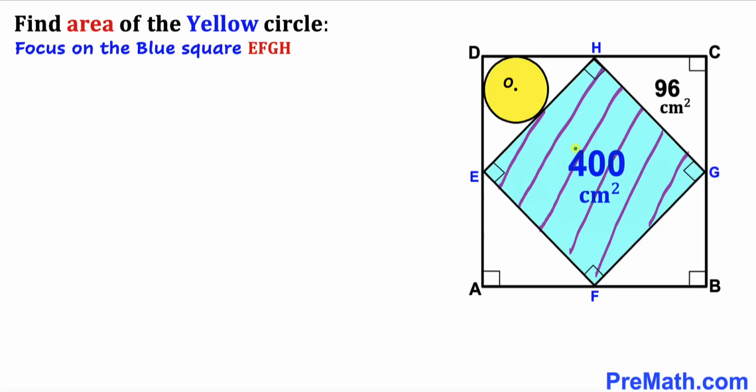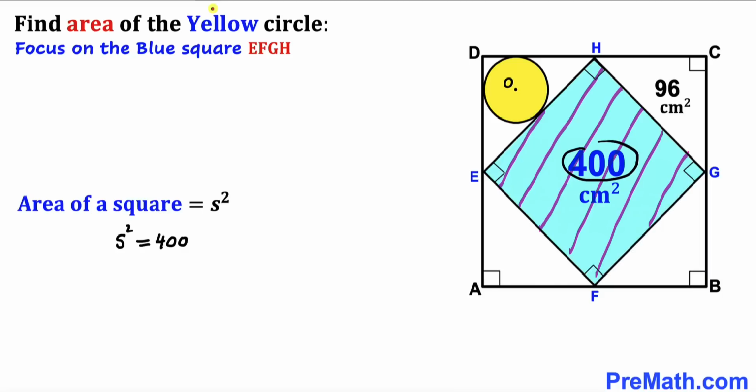Here's our next step. Let's focus on this blue square whose area is 400. Let's recall the area of a square formula: area equals S squared, where S represents the side length of this blue square. In our case, the area has been given to us as 400, so S squared equals 400.